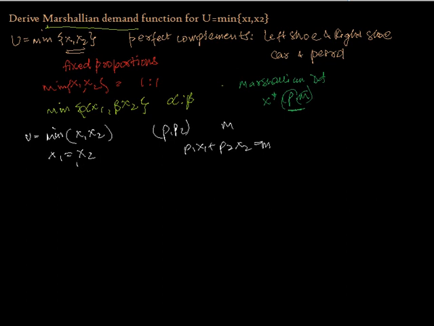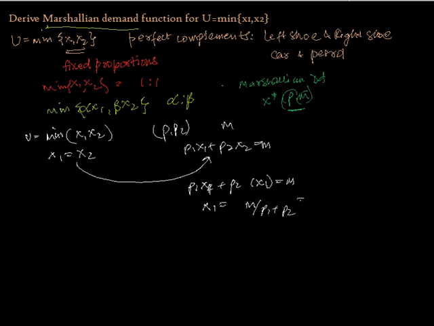Now if you substitute x1 is equal to x2 into this budget line, what will come up? In place of x2, I'll write x1, because x1 is equal to x2. So your x1 would be equal to m by p1 plus p2.